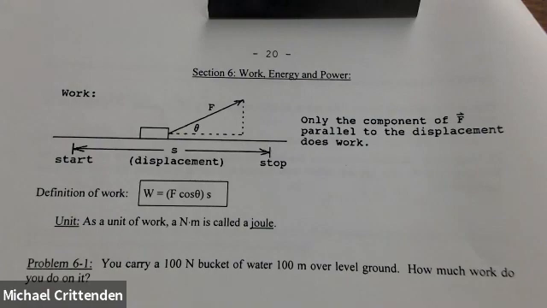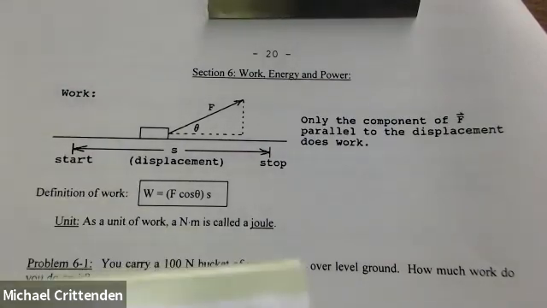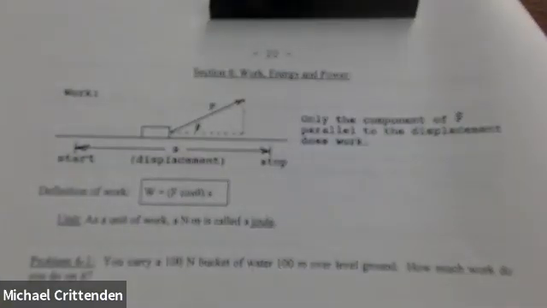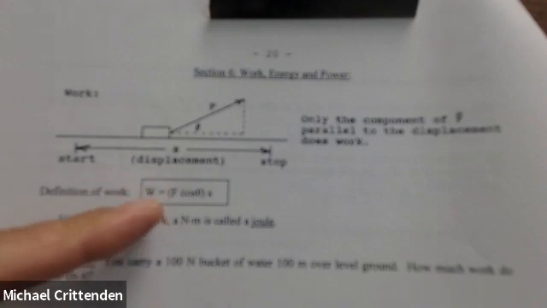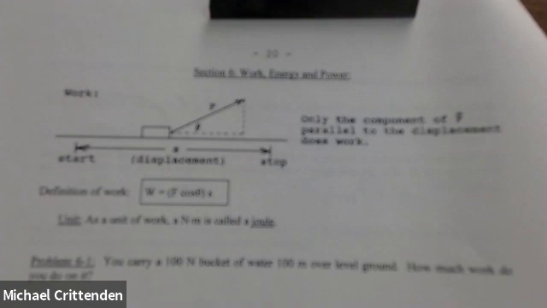If I'm moving a refrigerator, it's more work than if I'm moving this little box full of plastic gloves. And also, all else being equal, more distance, more work. If I have to take a refrigerator to the other end of the building, that's more work than just moving it across the room. So the basic idea: work equals force times distance. How hard do I pull times how far do I pull?